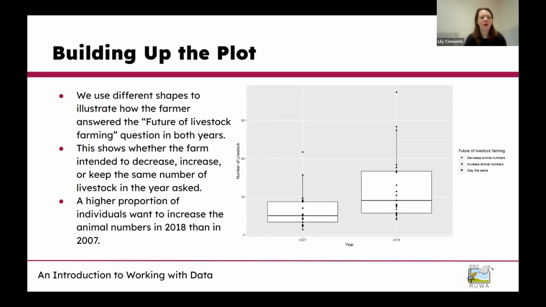This shows whether the farm intended to decrease, increase, or keep the same number of livestock. So a higher proportion of individuals want to increase the animal numbers in 2018 than 2007. What we mean by this is we can see a lot more triangles, because the triangles represent increasing, in our 2018 plot than in our 2007 plot.